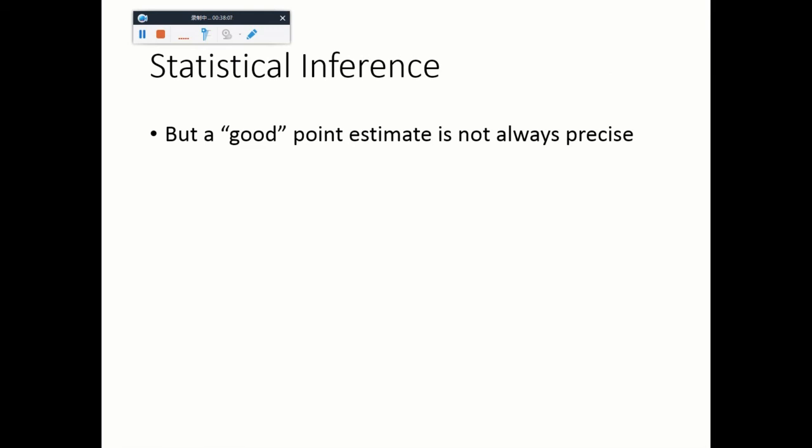But here's the weakness or limitation of a good point estimate. We say that it is good in the sense that it is unbiased and reliable, but we never said that it is precise.